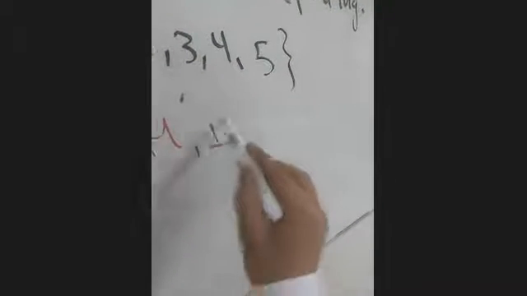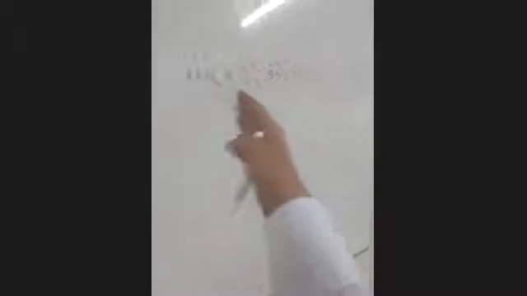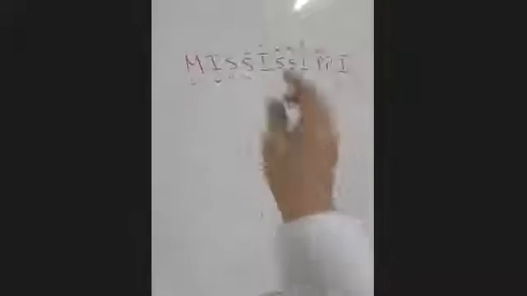I is already chosen. So the sample space is M or I or S or P. Here we have a lot of letters, but we just select each of them once in the sample space.